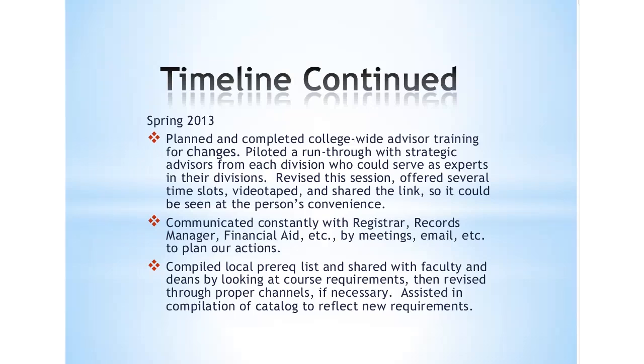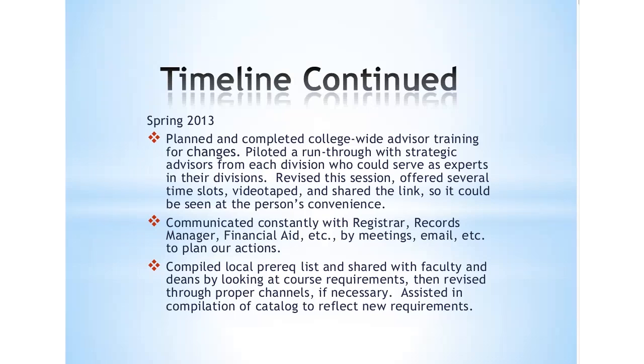For example, in medical office assisting and maybe human services, we looked at the Lexile levels in those courses to see what reading skills someone needed in those earlier courses to be successful. The prerequisites we put in were based on those Lexile levels for the books, so we made sure we put those in the right place.